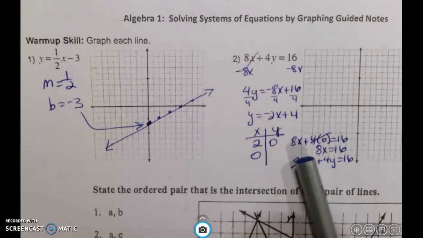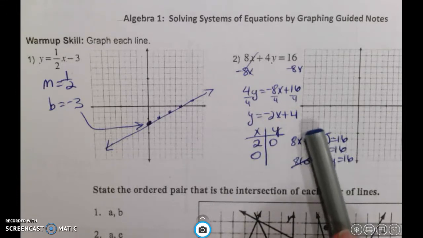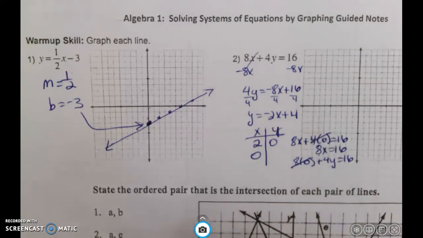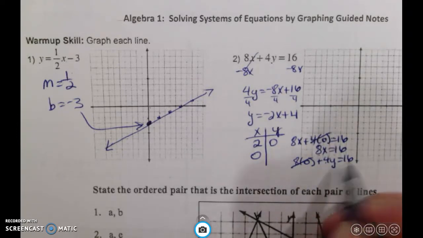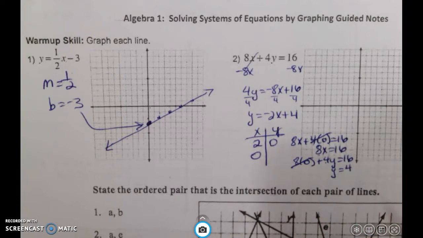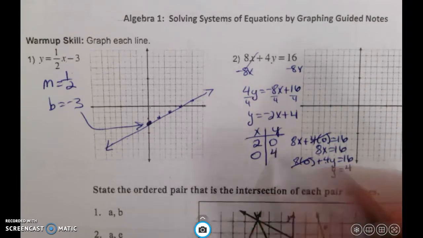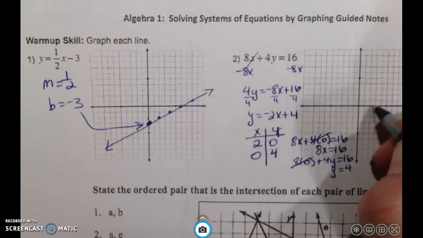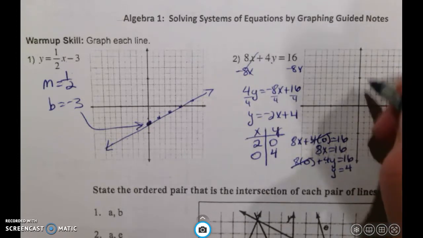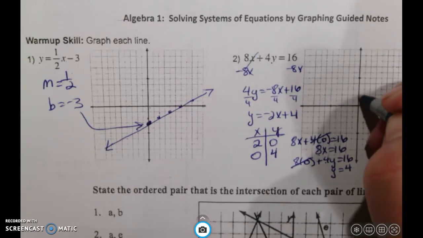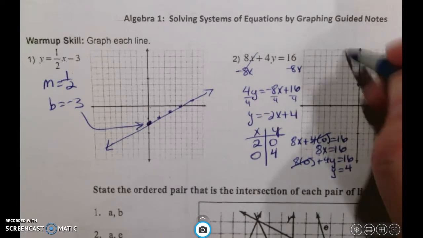When you want to find the x-intercept, cover up the y term and solve for x. So 4 times what is 16? 4 times 4 is 16. So the y-intercept is 4. Plot these 2 points, (2, 0) and (0, 4). And you've got yourself an equation, a line, a graph.